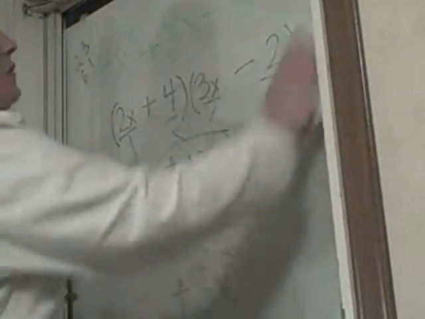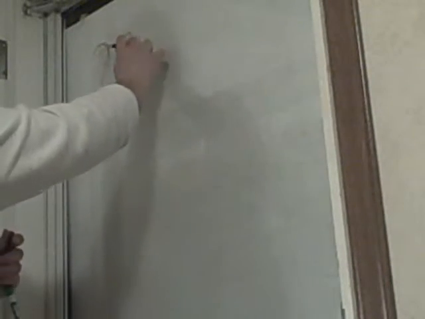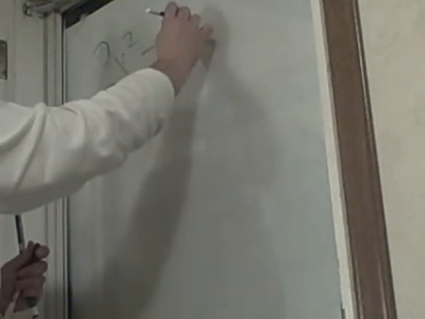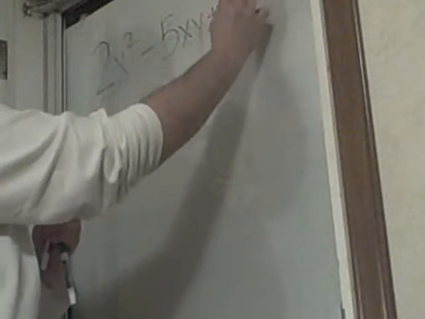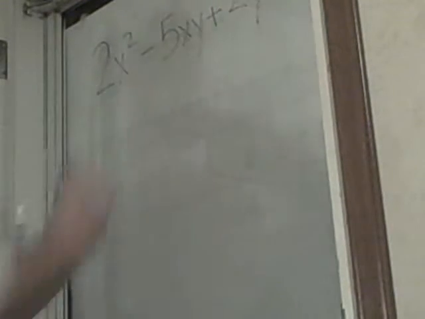Let's take a look at one that might be a little bit difficult at first, but really it's not that hard. This one has two variables. 2x squared minus 5xy plus 2y squared.